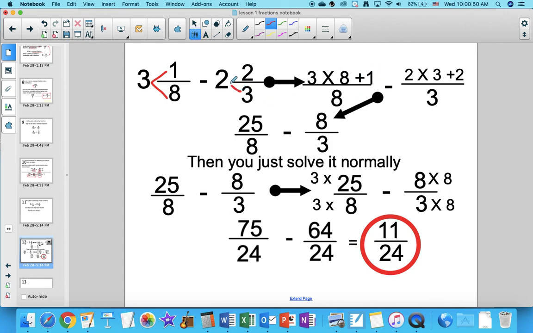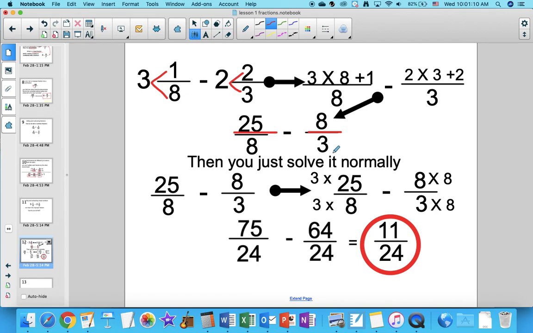Then I go 3 times 2 plus 2. 2 times 3, plus 2. And then I just do it all at the top. So 8 times 3, 24, plus 1, 25. 2 times 3, 6, plus 2, 8. So now I have 25 over 8 minus 8 over 3.